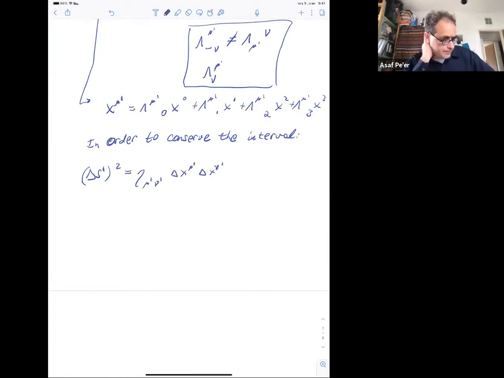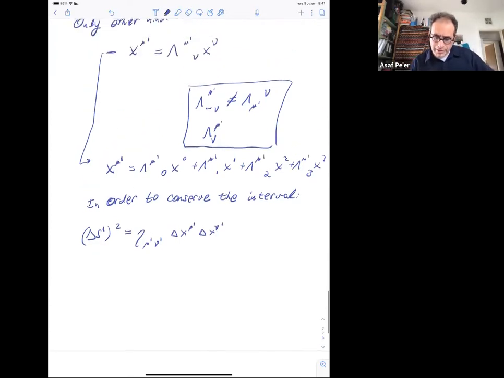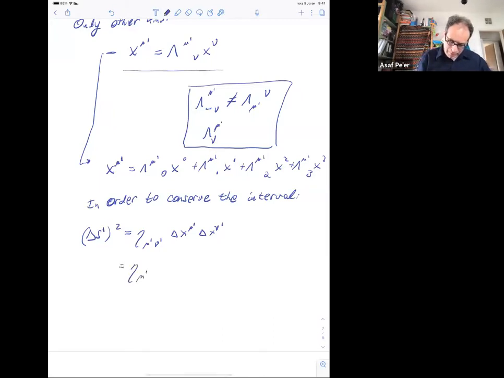Right? Now I can use the Lorentz transformation between the different coordinates of the interval, which is written here. So I can write it down as eta mu prime nu prime, and then delta X mu prime.